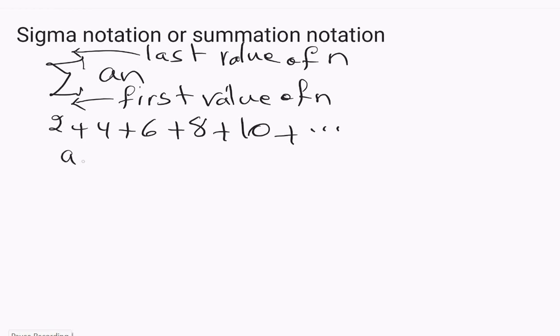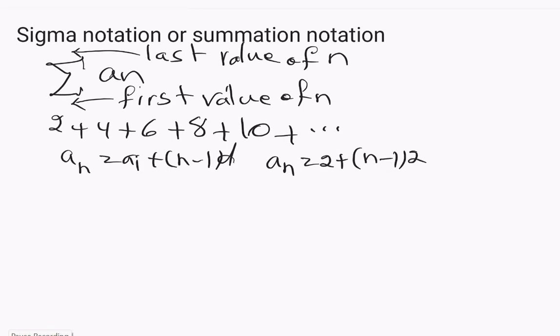So a sub n equals a sub 1 plus n minus 1 times d. Let's plug in what we have: a sub n equals 2 plus n minus 1 times 2. Then a sub n equals 2 plus 2n minus 2. We can add the like terms, so a sub n equals 2n.